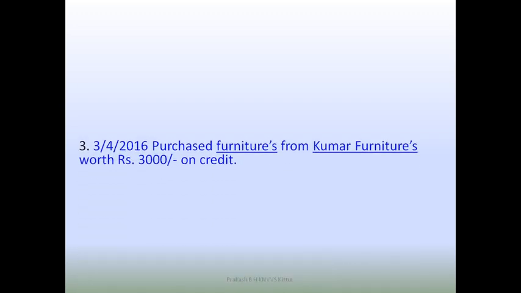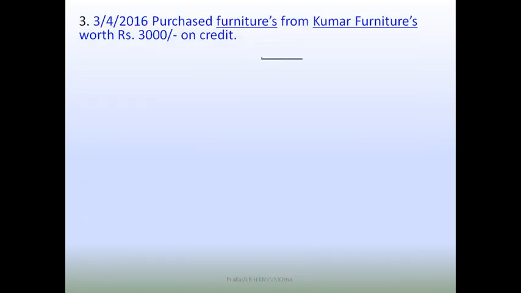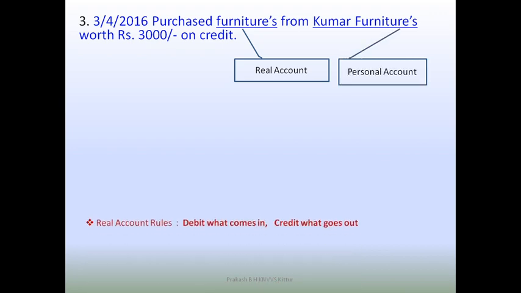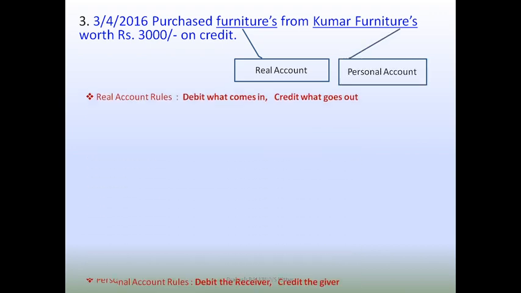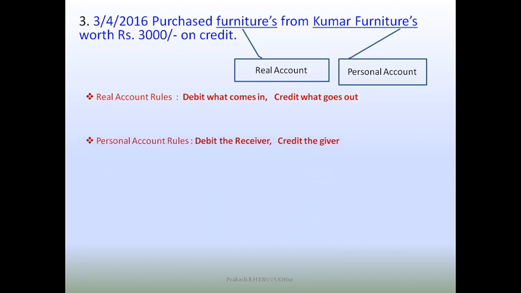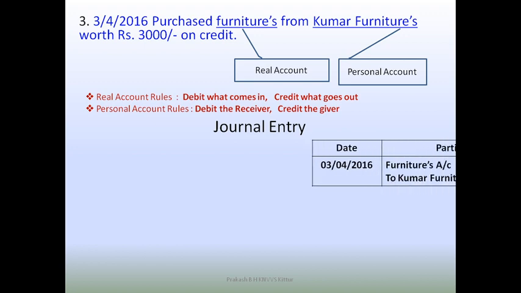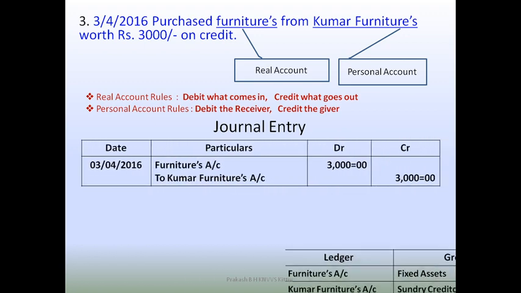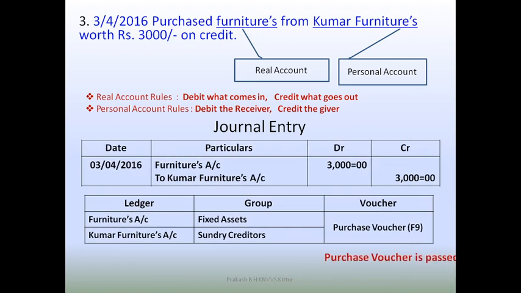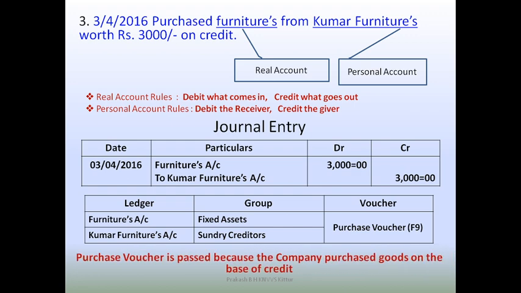Let us take the third transaction, 3/4/2016, purchased furnitures from Kumar Furnitures worth Rs 3,000 on credit. Here the company purchases furnitures from Kumar Furnitures on credit, so there is no involvement of cash.